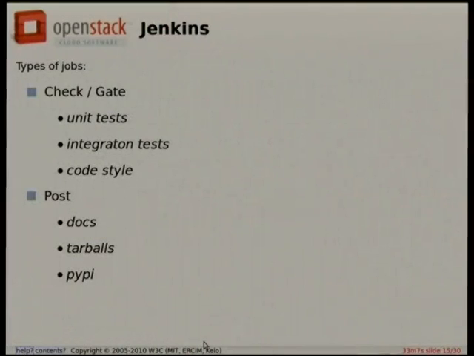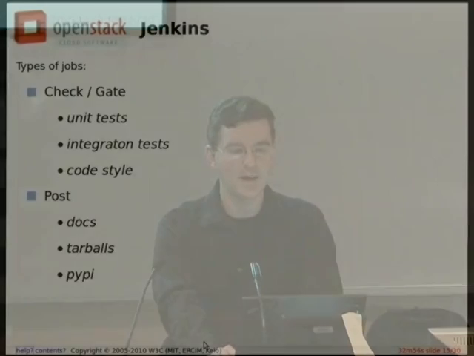So we run a couple of types of jobs in Jenkins. I've already basically mentioned the check and gate jobs. Those are where we run unit tests, integration tests, and style tests on the patches. The check jobs is what we call them when a change is uploaded, and the gate jobs are basically the same jobs when we're actually trying to merge a change.